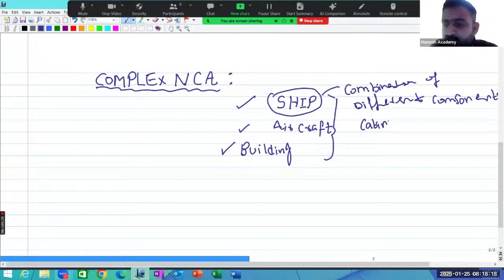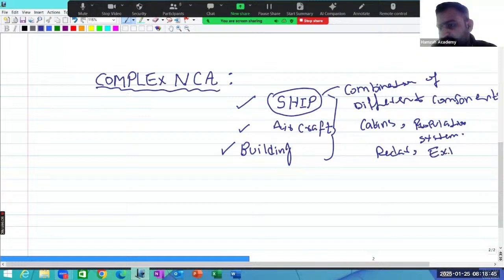In a ship, you will find a cabin, the propulsion system, maybe a radar, some exterior design, electric system, and so on.